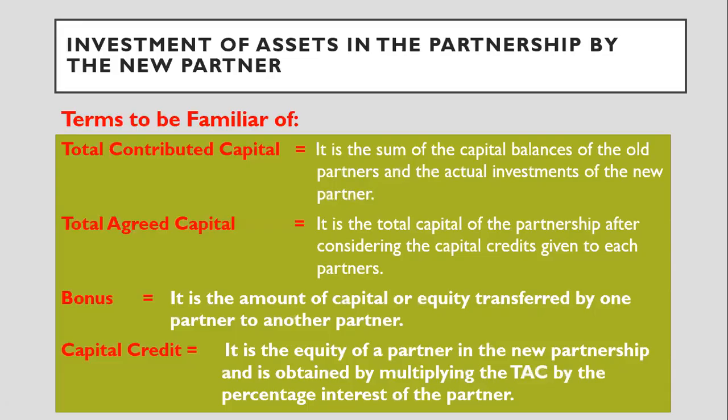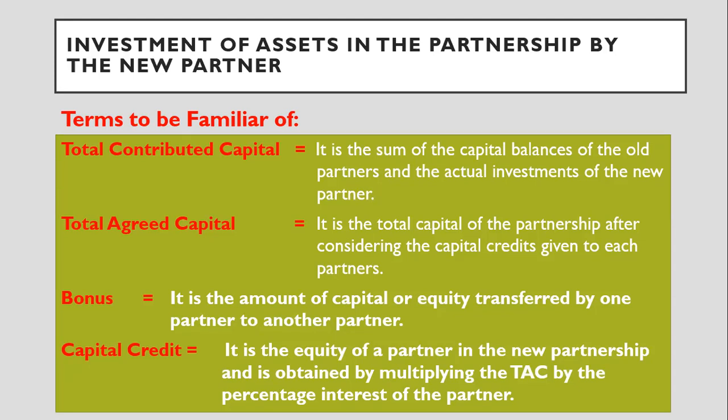Okay, so before we proceed to some cases or illustrative problems, I want you to be familiar with these terms. First, we have total contributed capital. It is the sum of the capital balances of the old partners and the actual investments of the new partner. So, capital of old plus investment of new. Then we have total agreed capital.